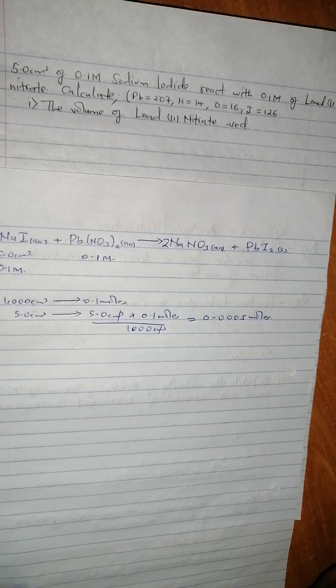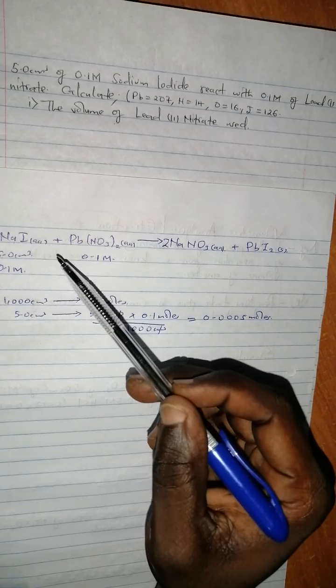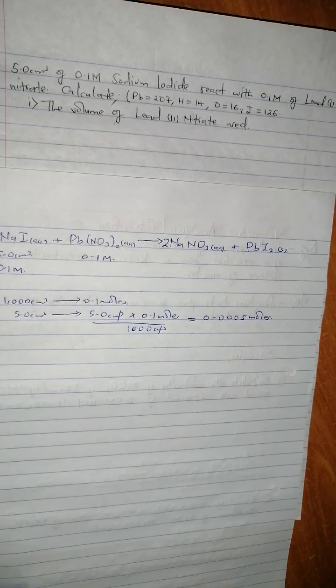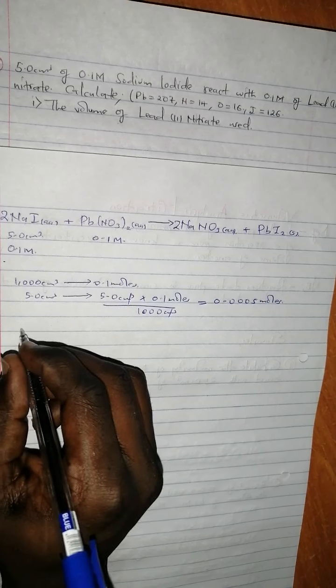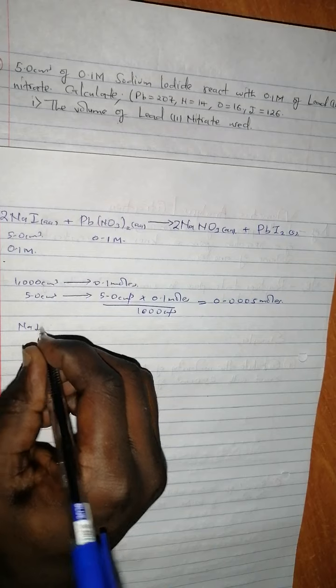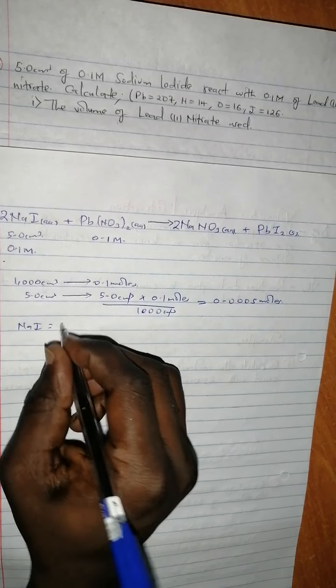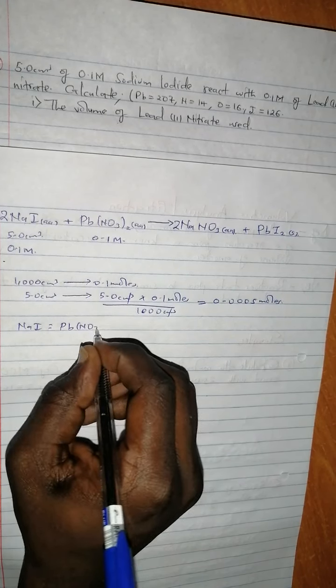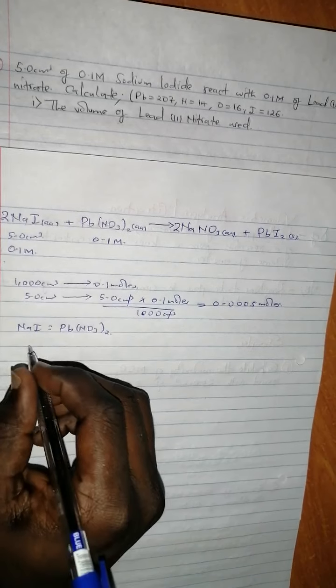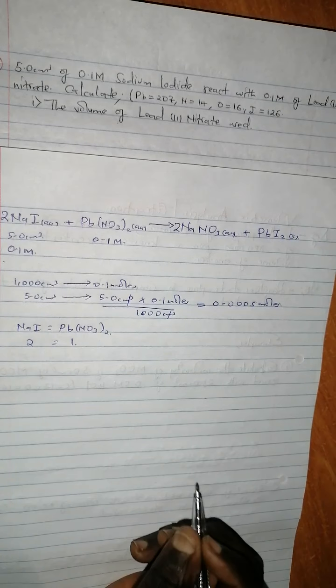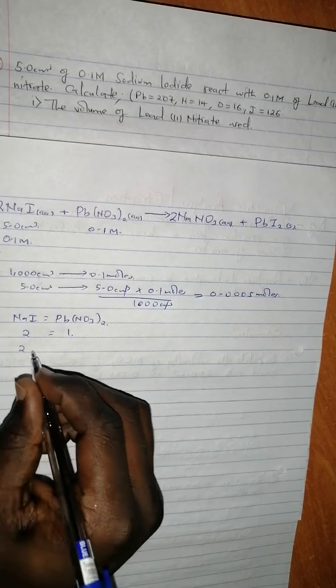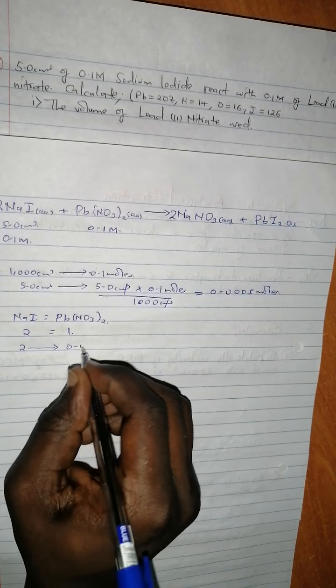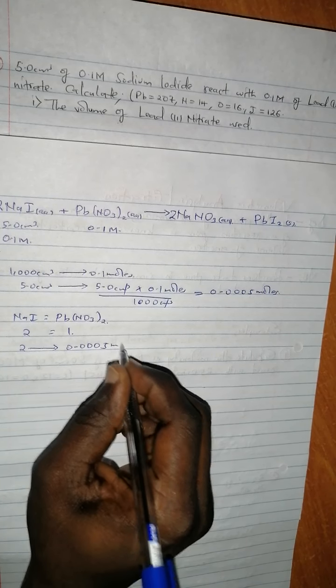If I have that number of moles, how do I get the number of moles of lead nitrate? It is a very simple thing. I just get the moles from the mole ratio. So there is a reacting mole ratio between sodium iodide and lead nitrate, and from the balancing, it will be 2 to 1. Therefore, 2 represents 0.0005 moles.